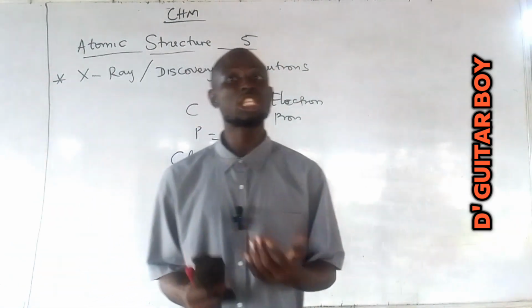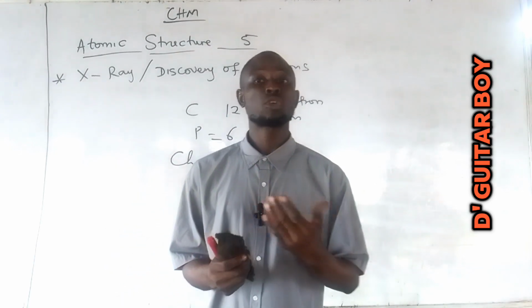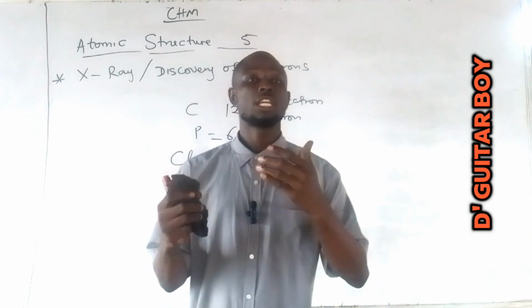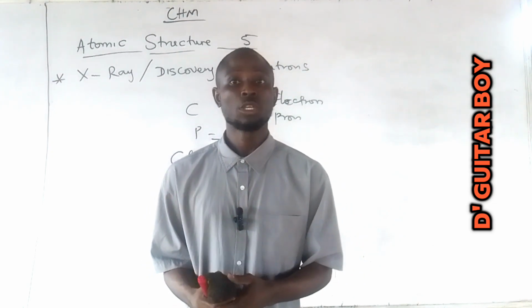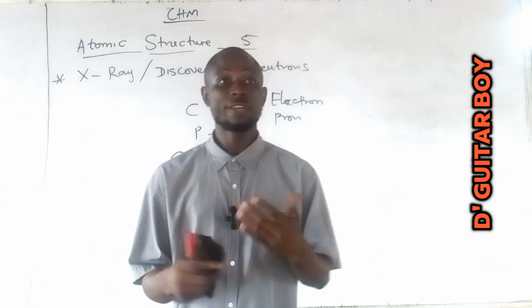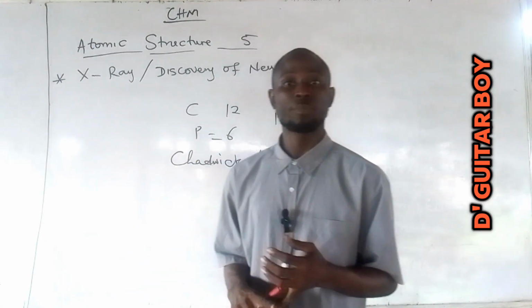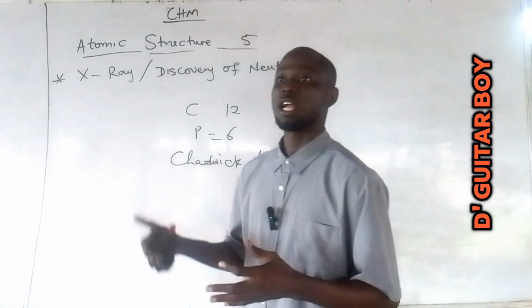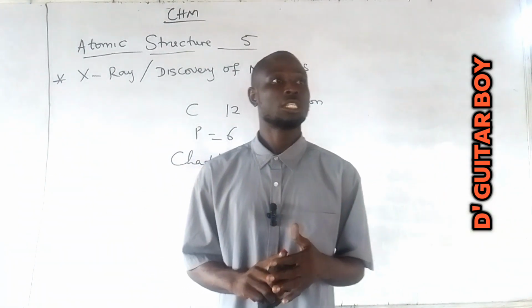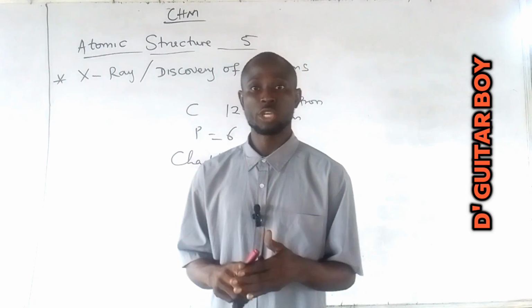Now we have been able to see the people and the process with which the particles of an atom were discovered inside an atom. So in a recap, we said that electron was discovered by J.J. Thomson, proton was discovered by Rutherford, and we said Röntgen discovered X-ray.